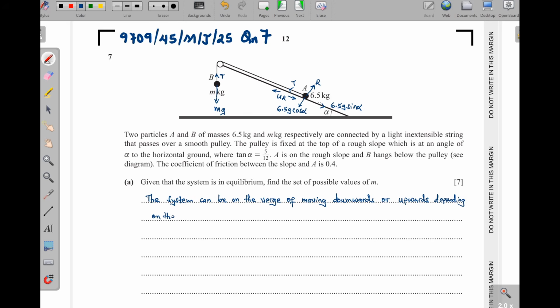When I say this, I'm referring to A being on the verge of moving up and down.